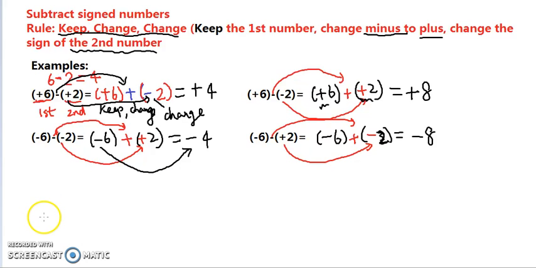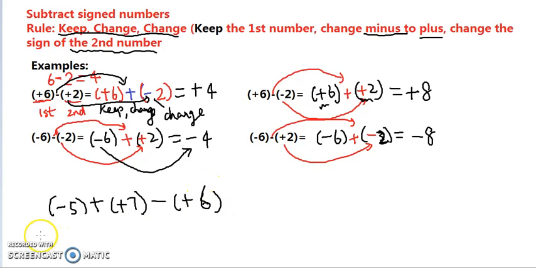Now next we're going to look at an example of adding or subtracting 3 numbers. So if we have negative 5 plus positive 7 minus positive 6.